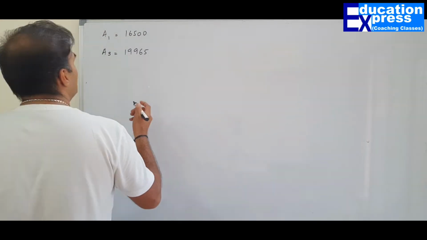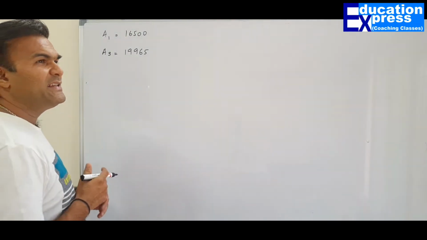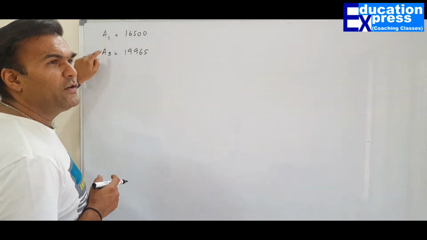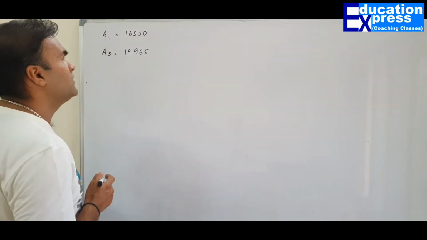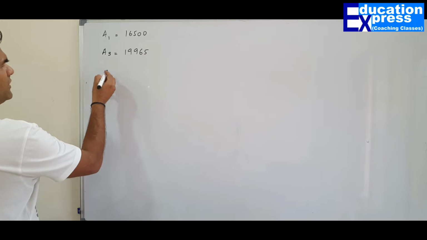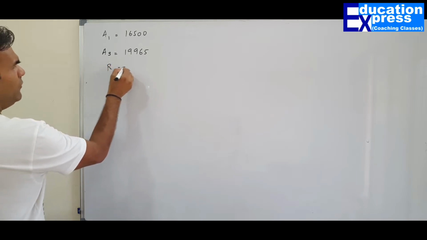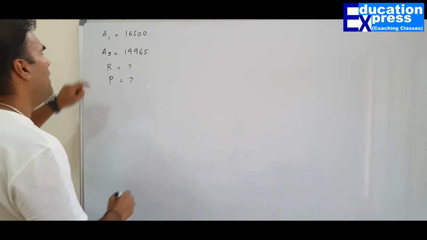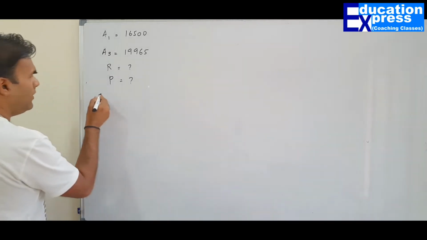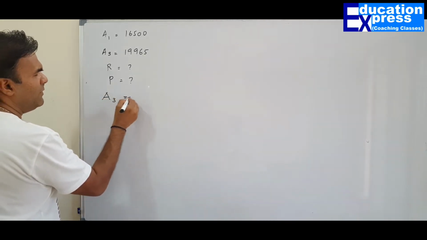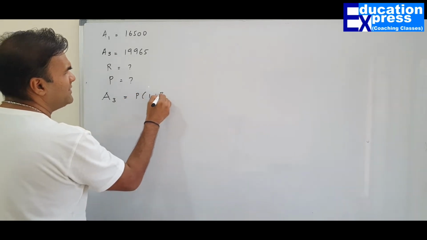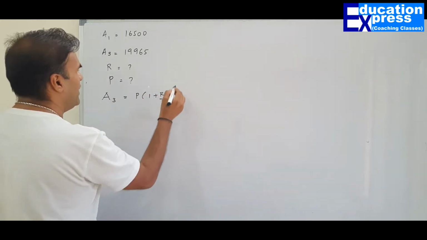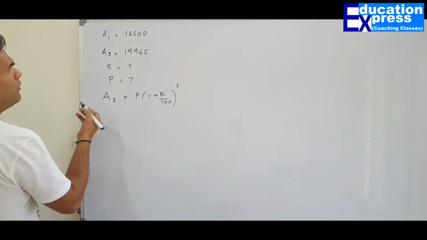We have done a similar type of sum in the previous exercise where they had given us the compound interest for the 2 different years. What we can do over here is, now rate not available, principal not available. Can we apply the formula? What is the formula? So A3 would be P(1 + R/100)^3. Perfect.